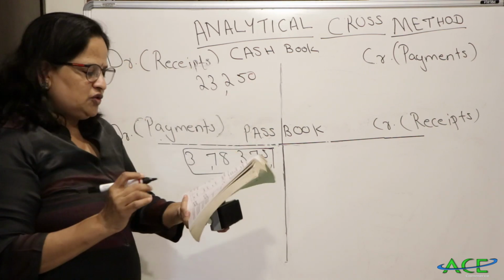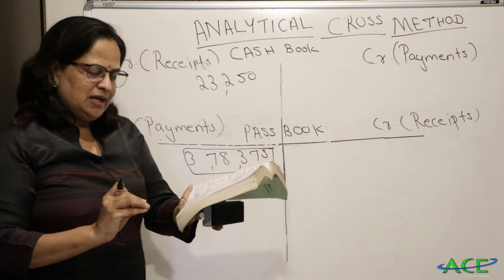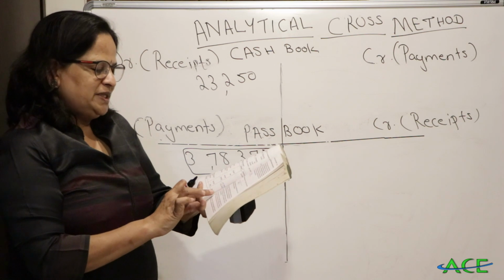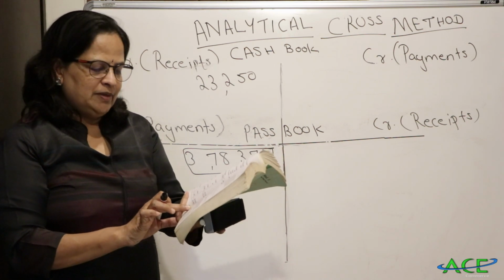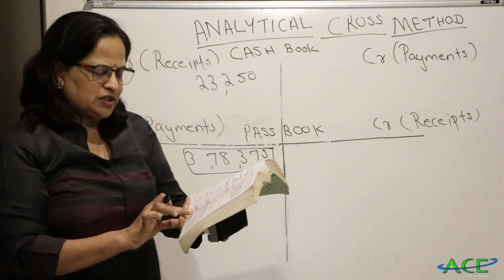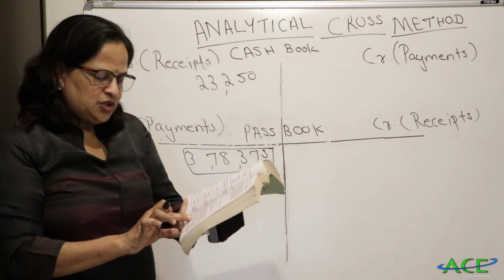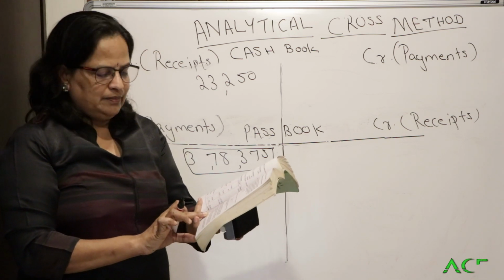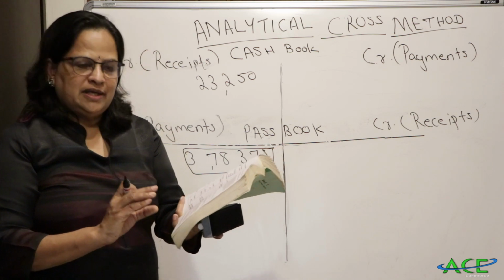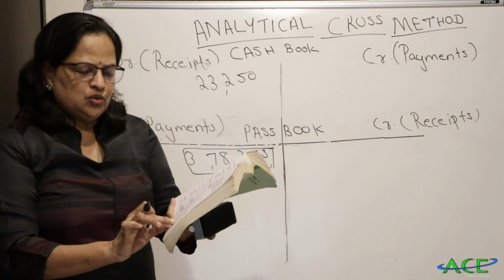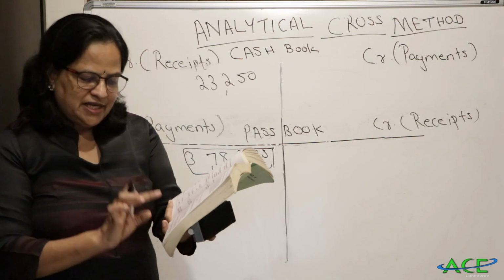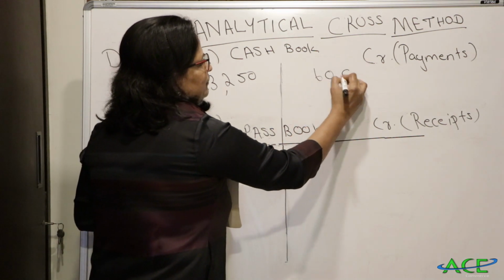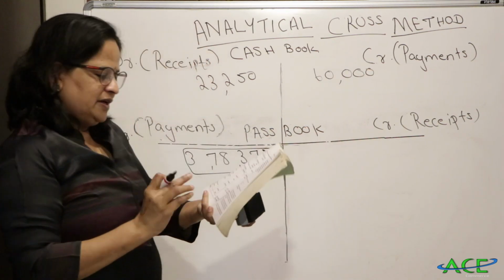Second, similarly, it was found that the firm issued checks, issued checks meaning it will come here, worth rupees 88,200 in March 2020. Out of this, 28,200 was cashed in March 2020, 22,500 on 3rd April and the rest on April 10, 2020. So remember that only 28,200 was cashed in March. So the difference, 88,200 minus 28,200, 60,000 will come here. It's a cash payment.